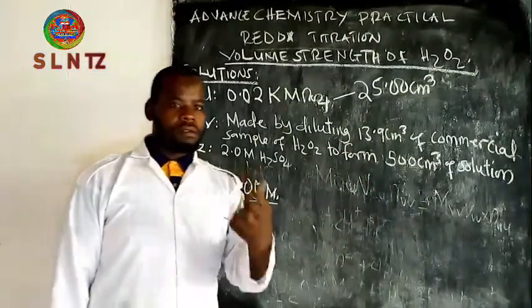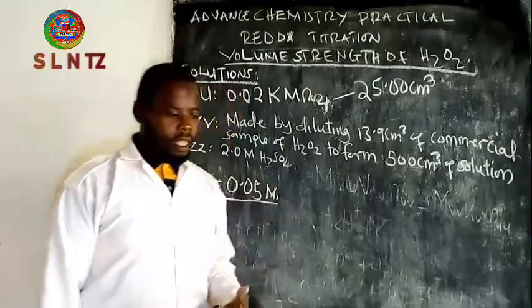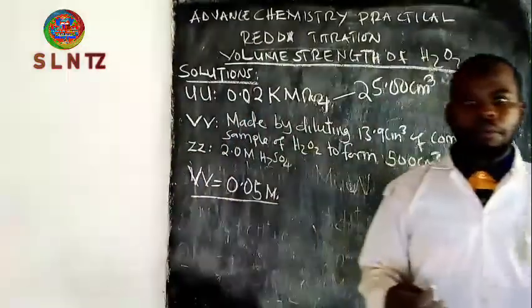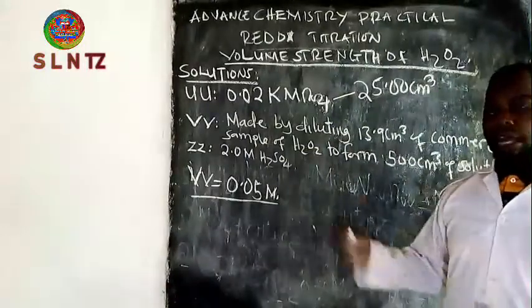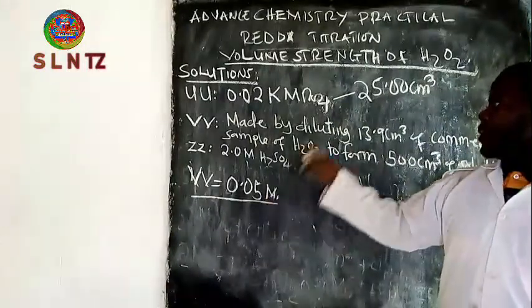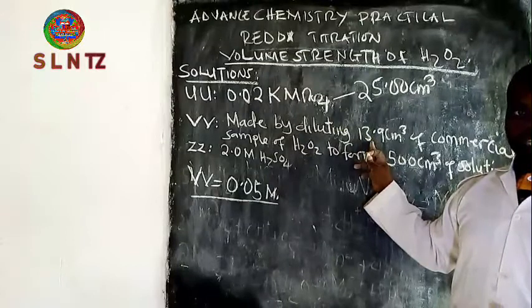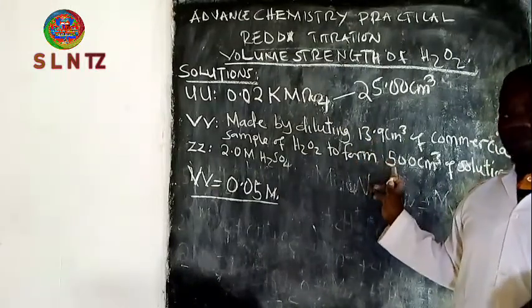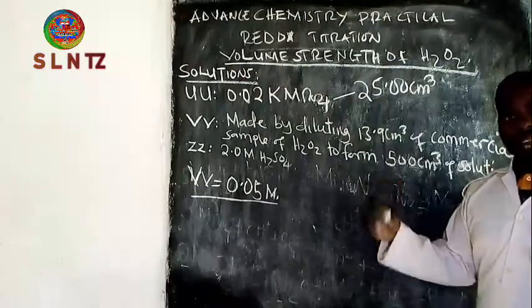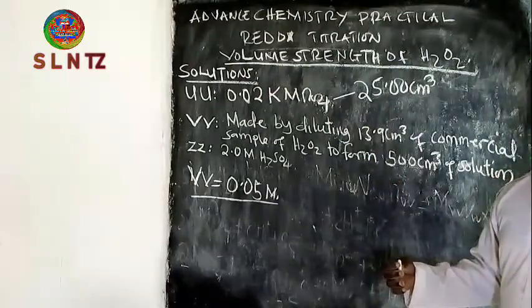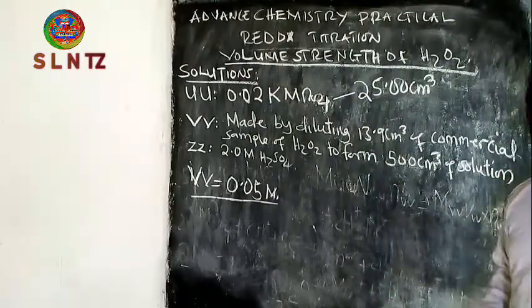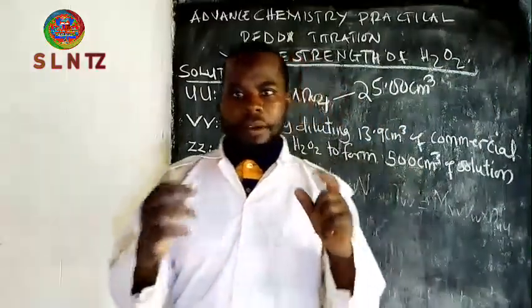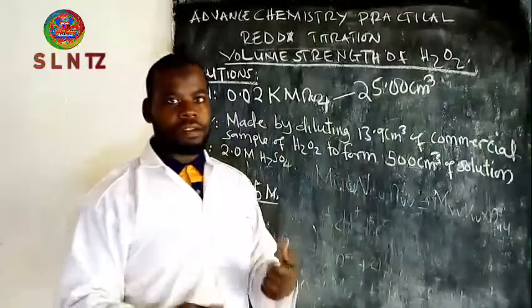So in order to calculate the volume strength, you have to solve the molarity of the commercial sample. Because we have diluted, you have the volume of concentrated, and the volume of water reached after adding the water. So you have to calculate the commercial molarity of the hydrogen peroxide sample.